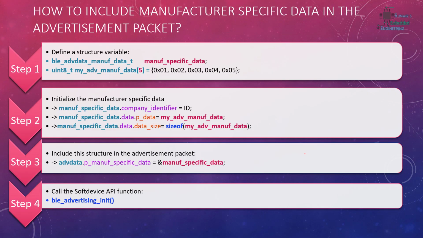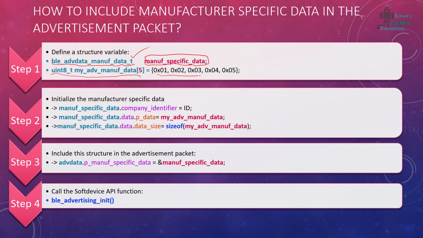So how do we include the manufacturer specific data in the advertisement packet? First of all, we are going to create a variable of type ble_advdata_manufacturer_data_t, and then we will give it a name. We also need to define an array of the data that we need to include.